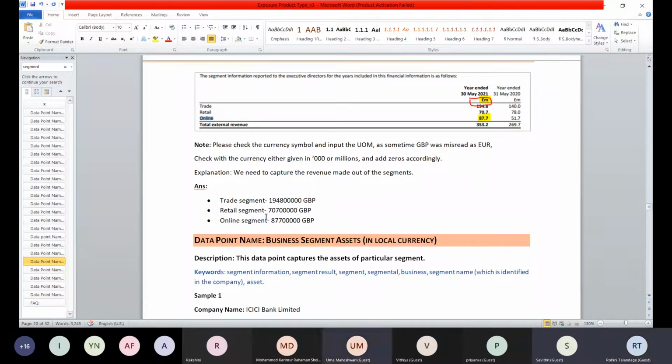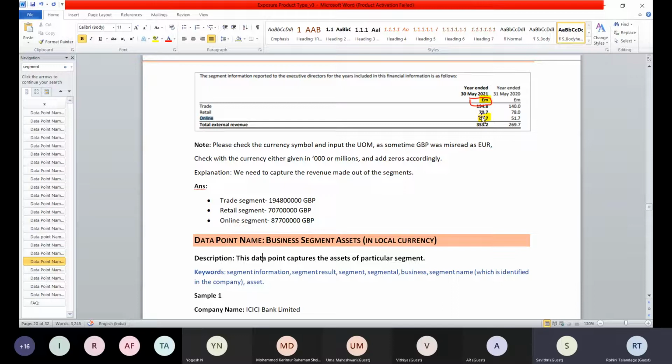Any doubt in this? They'll be particularly asking for which year, should we take the current year or the past year? Okay, thank you for reminding me this. For revenue detail, you have to take the current fiscal year detail only. Now here, the current fiscal year end is 30th May 2021.